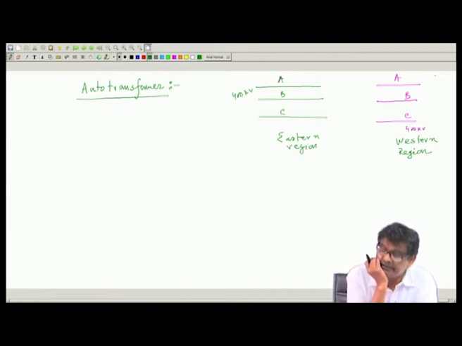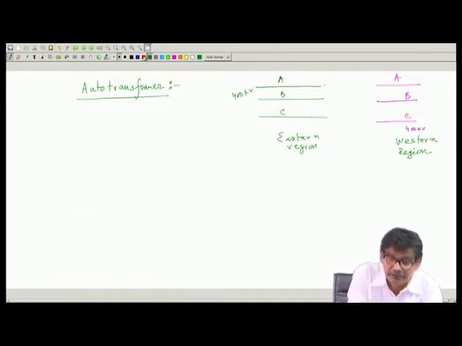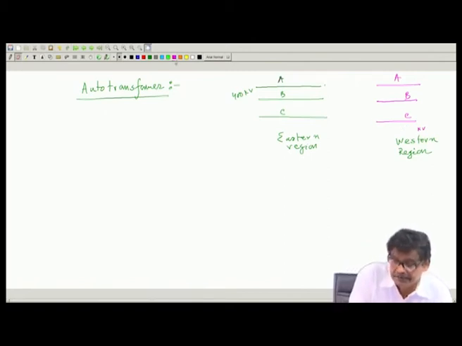Now, what happens is, this is 400 kV. When you connect these two, if you want to short them, you cannot just do it like that, because the level of the voltage must be the same. It may so happen that this side voltage is not 400 kV, because of some practical reason, and it is suppose 390 kV.